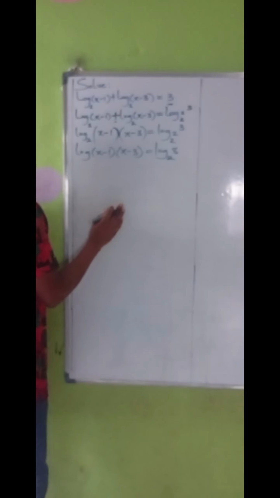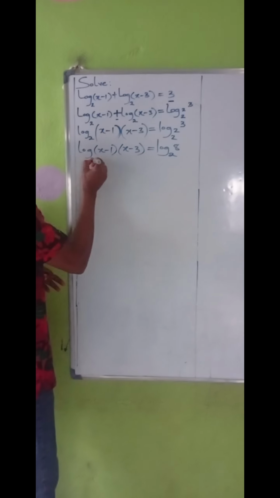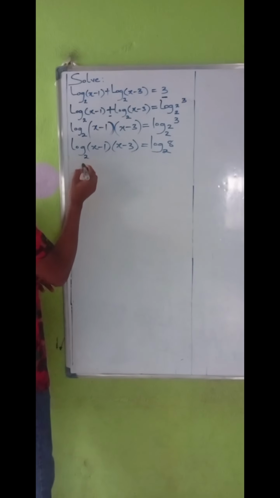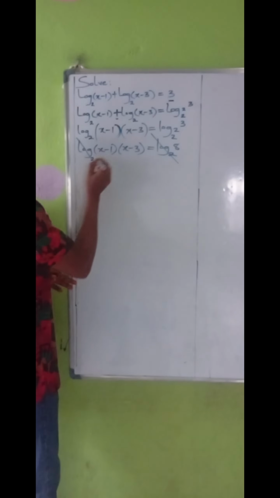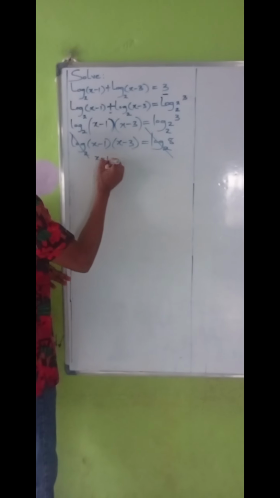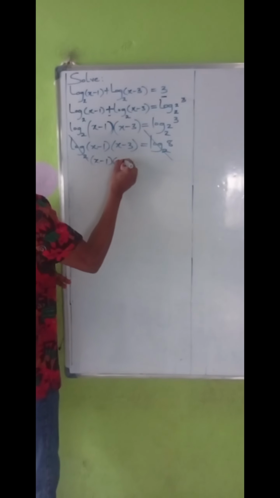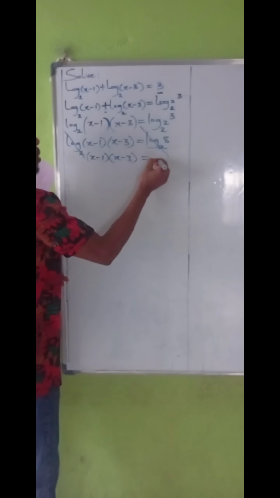It is 8. Now watch it. All of them have the same base, so log base 2 will knock off. So we now have x minus 1 bracket x minus 3 equals 8.